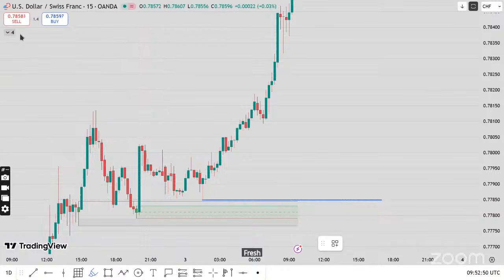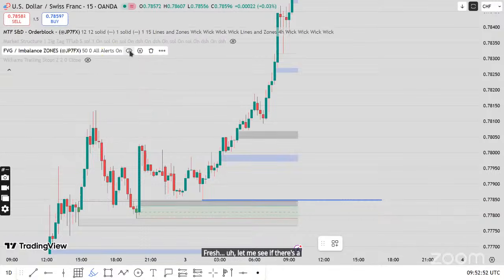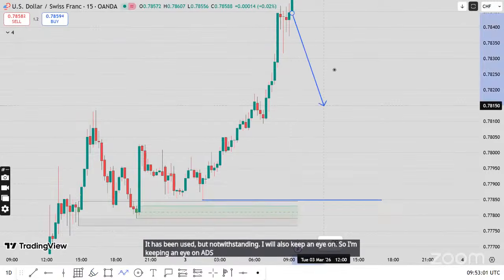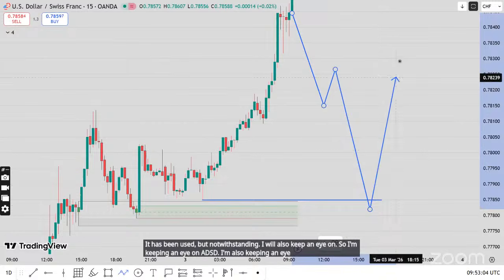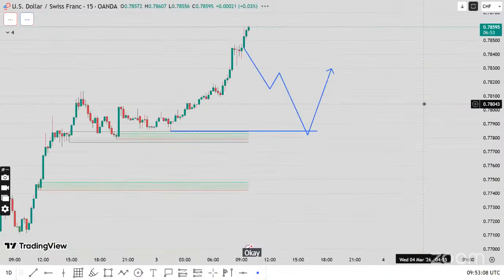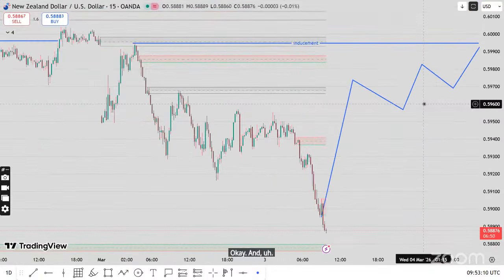Let me see if there's a fair value gap. It has been used, but notwithstanding, I will also keep an eye on it. So I'm keeping an eye on AUD USD. I'm also keeping an eye on USD CHF. Okay. And let me see.